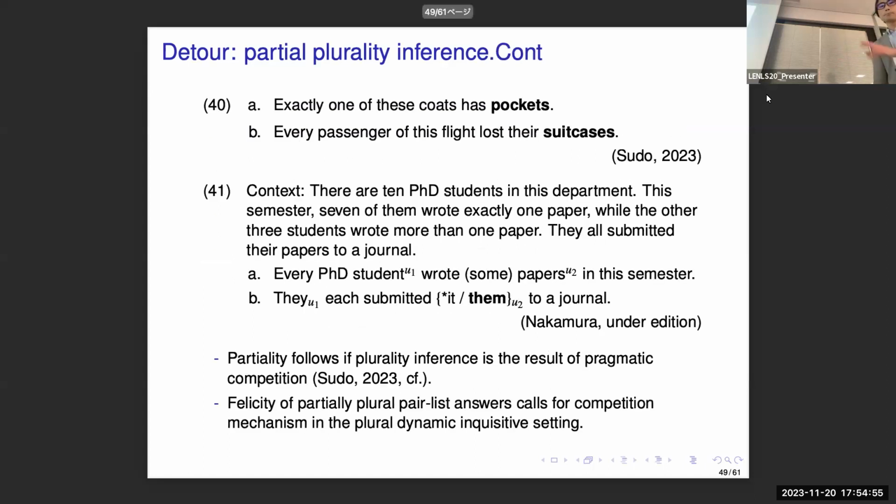This is not a slide, but it doesn't have a number condition for WH. So which professor recommends which student, and it has pairless answers.